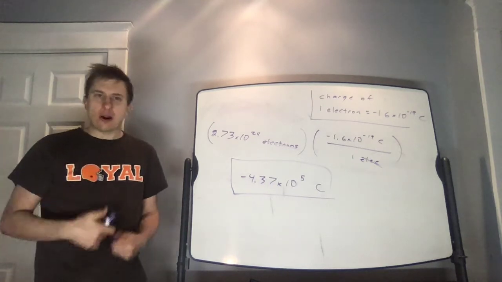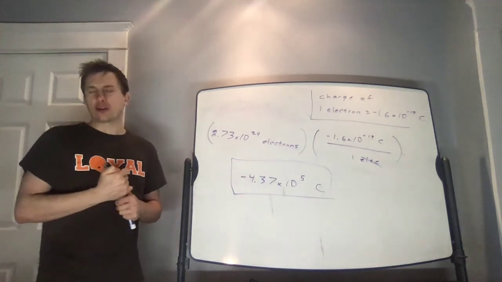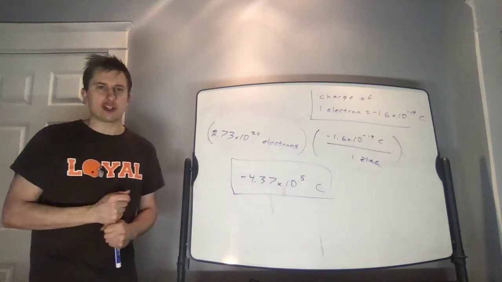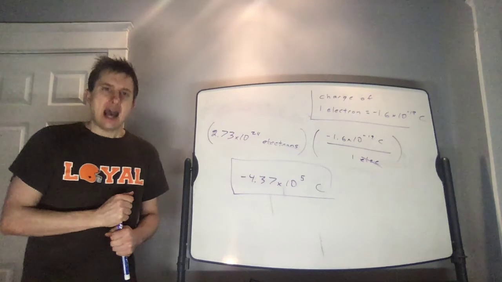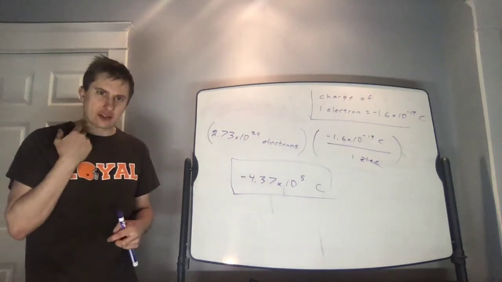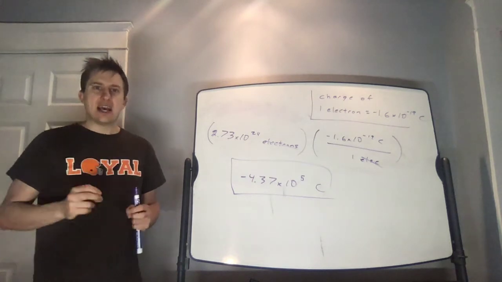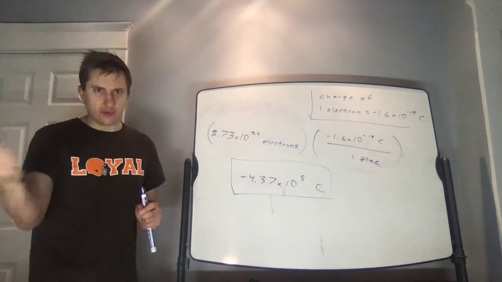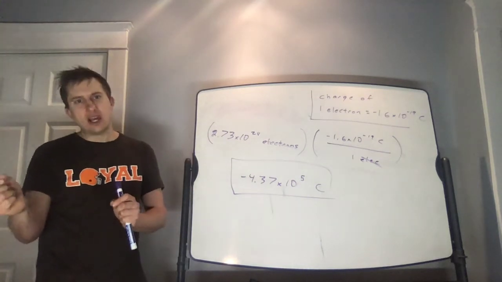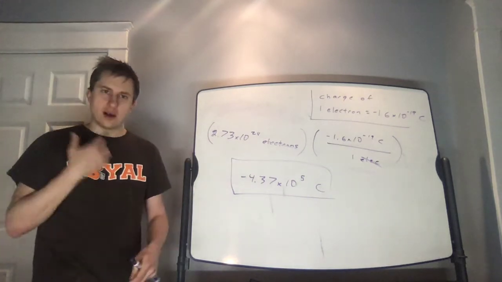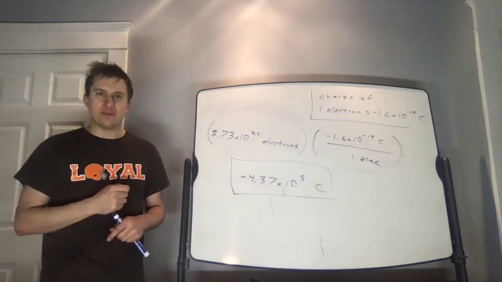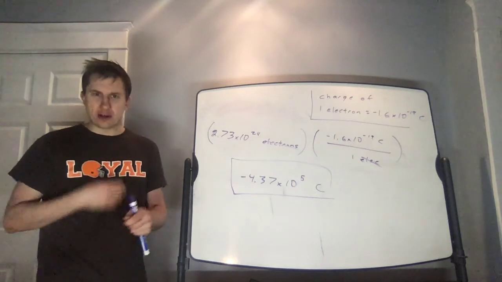Now, if you are reading the textbook, you will probably come across something that says a coulomb of charge is a lot of charge. That is a true statement. However, remember, the electrons are flowing through metal, and from the electron sea model that we discussed, if one electron moves to the right, there's going to be another electron that comes in to take its place. So the metal in the wires of my Xbox or whatever other device is plugged into the wall isn't really ever going to acquire a lot of charge.